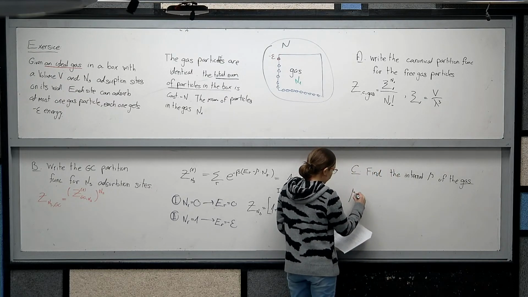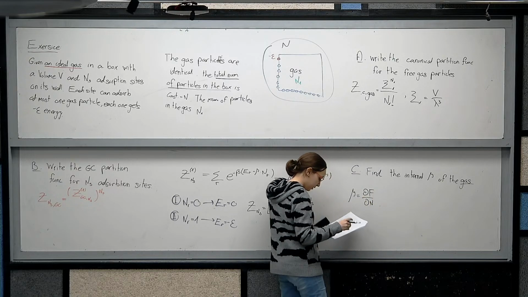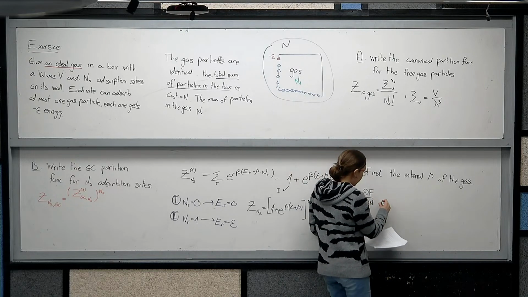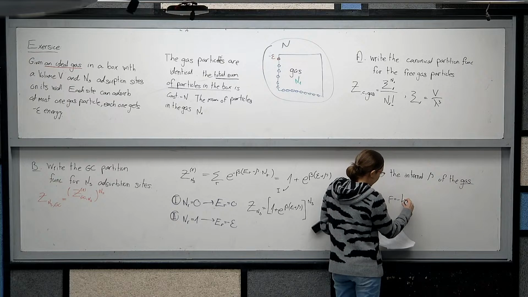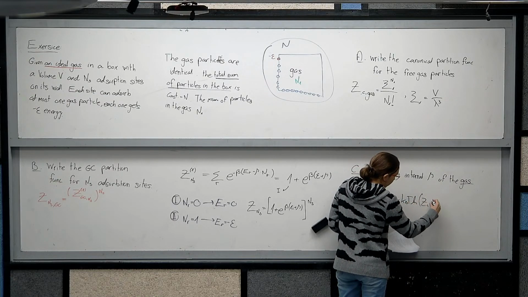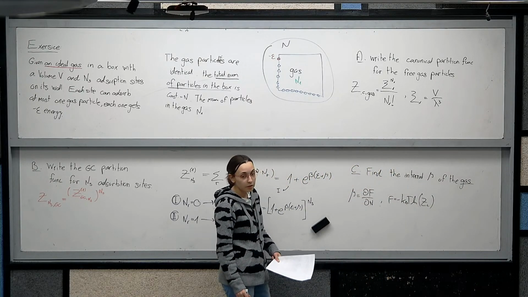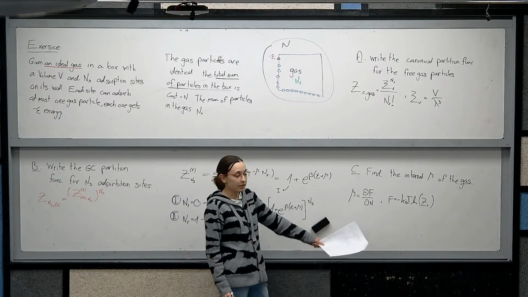So we know mu equals the derivative of F relative to N. And we know that F equals minus kBT ln of the canonical partition function, that we calculated in the first section.